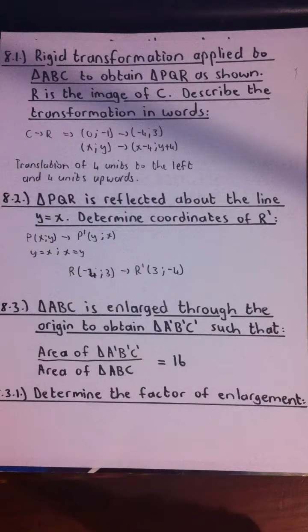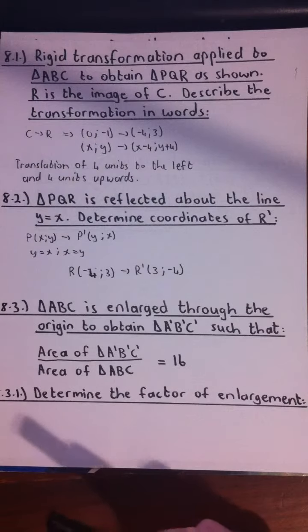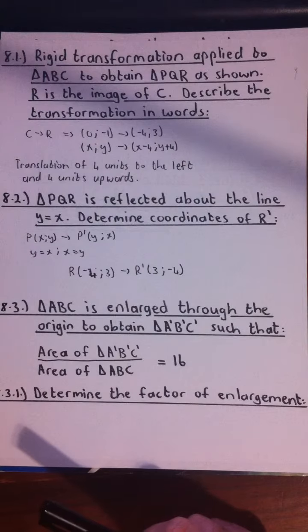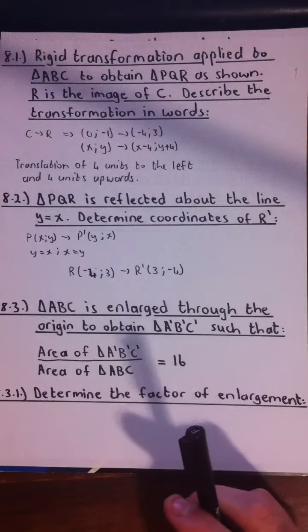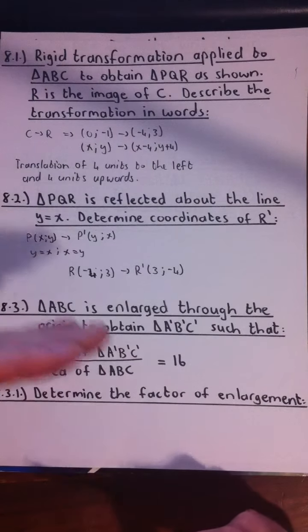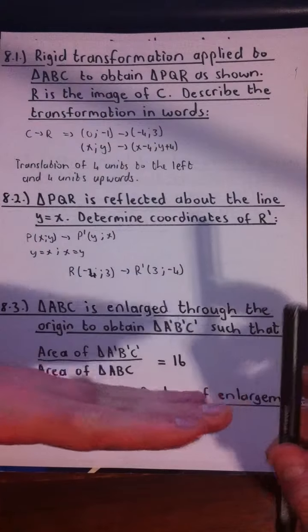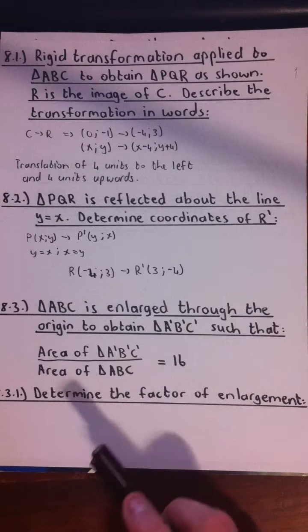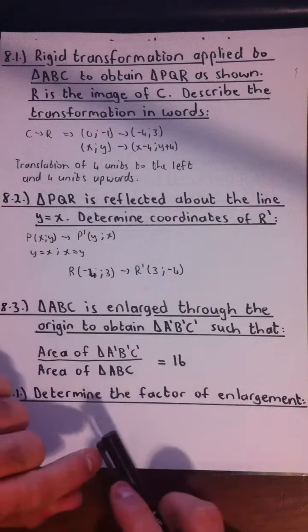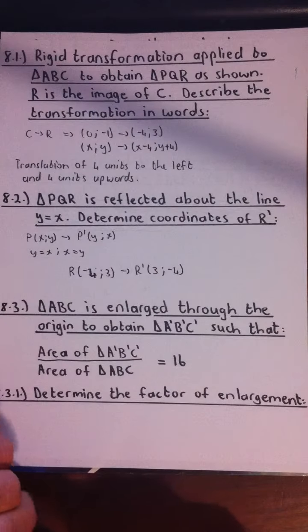Okay, so now how many dimensions does an area consist of? 2 dimensions, right? It's the length and the breadth, or however you want to see it, an x and a y coordinate. So 2 dimensions that we're working in. Whereas a factor of enlargement is only 1 dimension, it's only along the original lines.